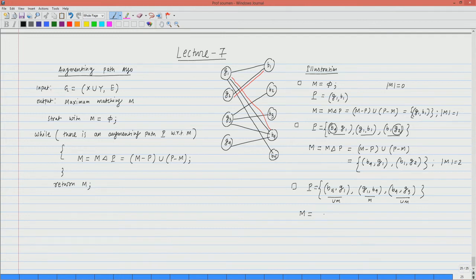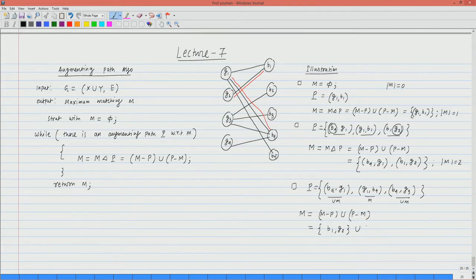M is M minus P union P minus M. So, M minus P: you can see that B1 G2 is there and G1 B4 is cancelled.